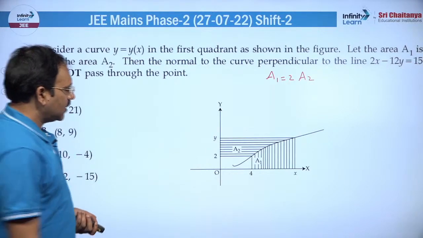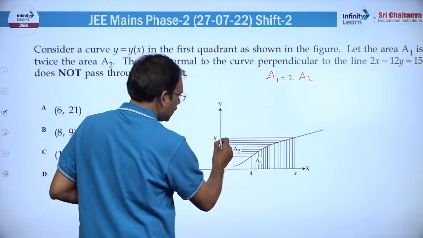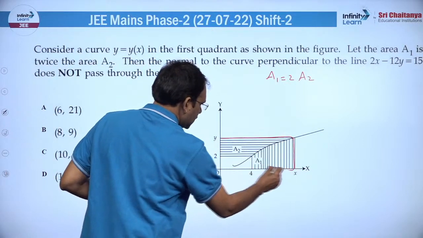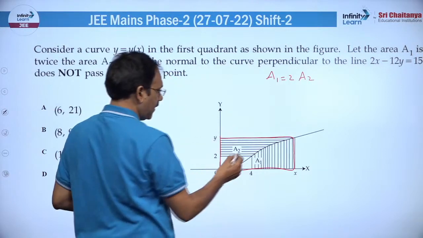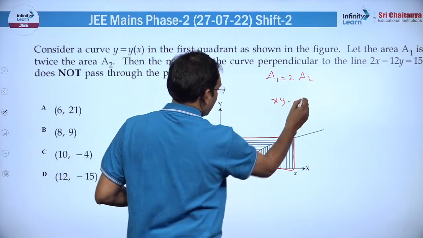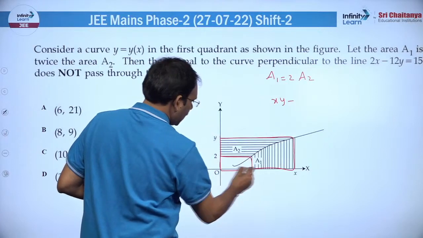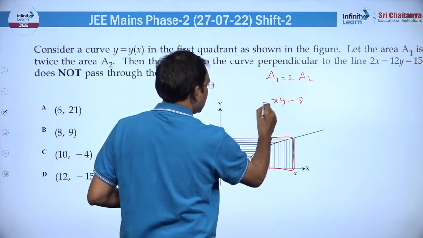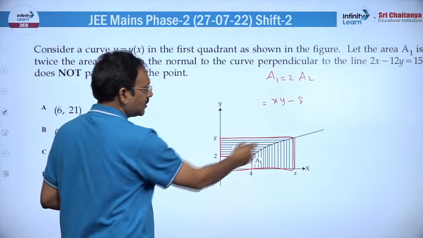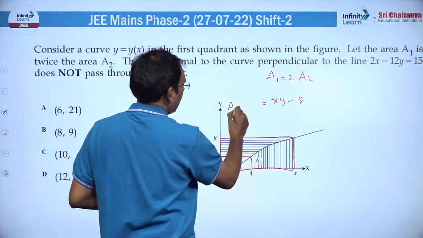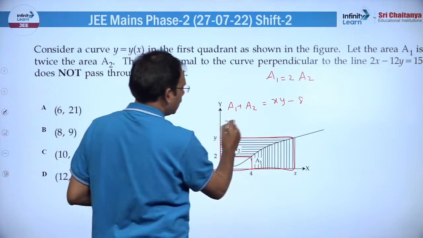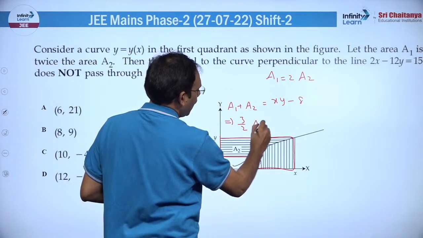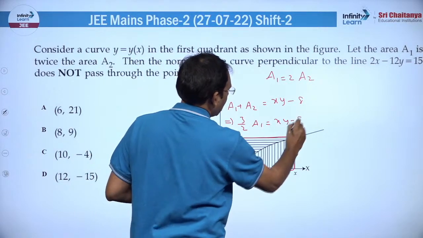You see friends, here this total area of this rectangle, can I take like xy? Yes, xy minus the small rectangle area 8 gives nothing but this area, I can say A1 plus A2. But A2 you can write half A1, so you will get 3 by 2 A1 is xy minus 8.